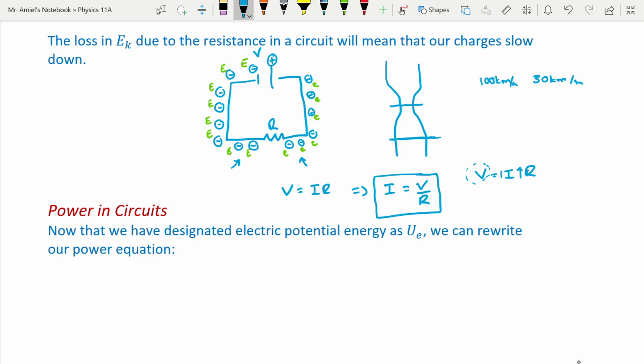Well, we must slow it down. If we decrease the resistance, and the voltage stays the same, then what's going to happen? Well, our current's going to speed up because we're not going to lose as much energy when we decrease the resistance. Here we're losing more energy because we're increasing the resistance.